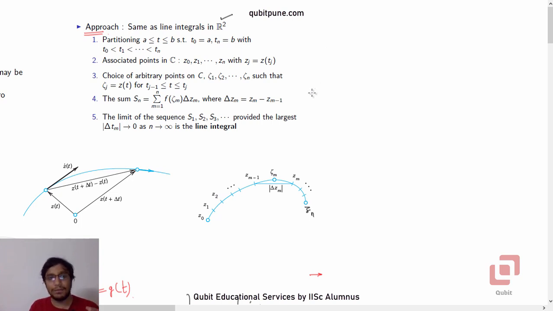So suppose we are interested in that portion of the curve C which starts at z0 and ends at zn. We would like to consider this particular portion of the curve C as our path of integration.